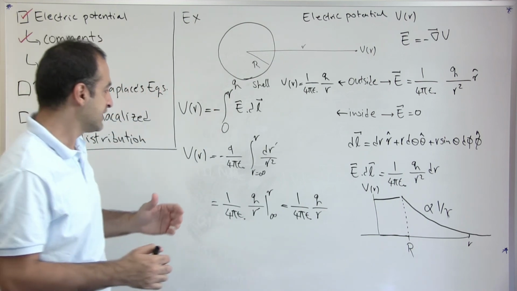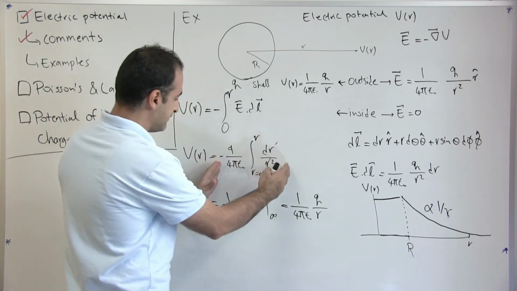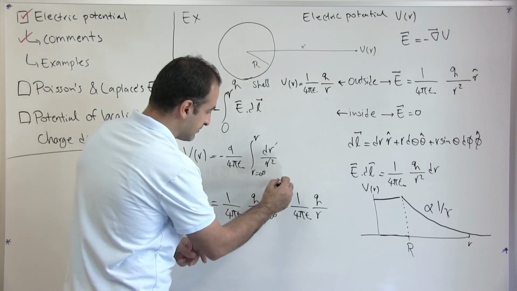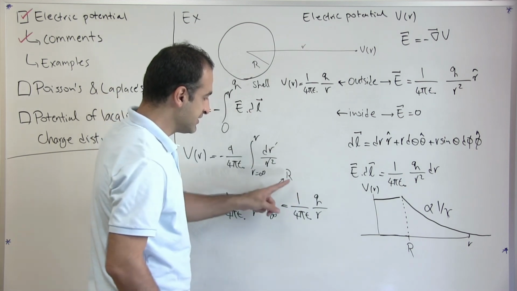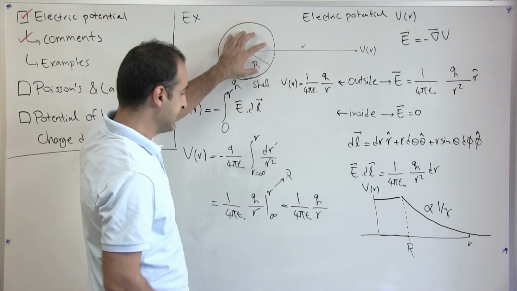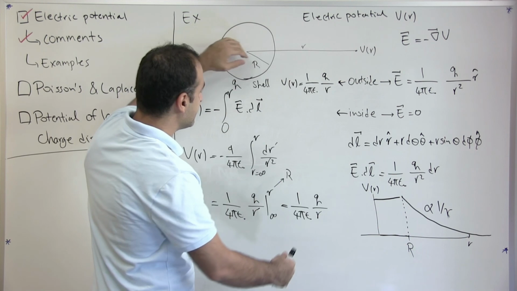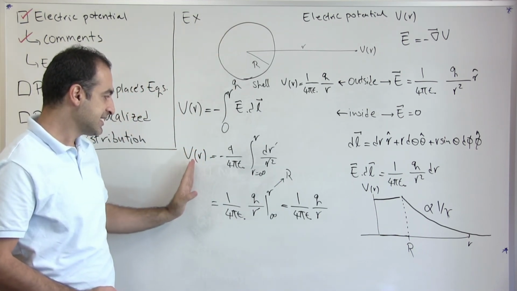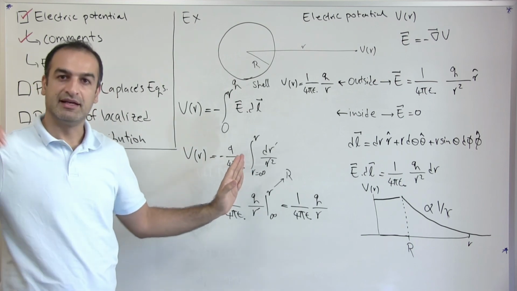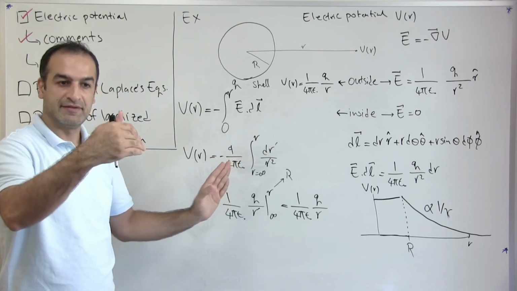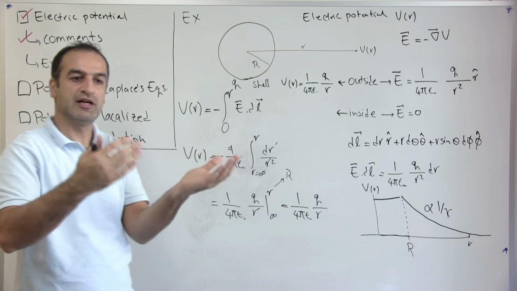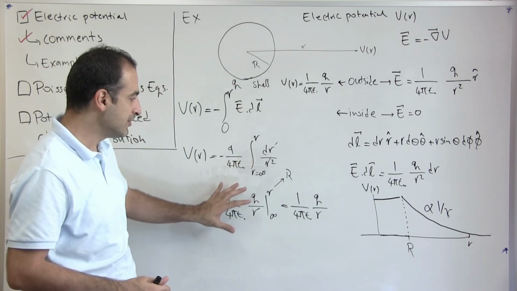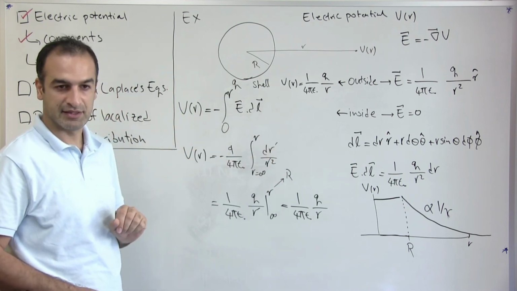What you are doing is technically doing this integral all the way from infinity not to R here, but to capital R, which is the radius of the sphere, and then continuing it inside. So electric potential is calculated based on this integral. It adds up to the surface, and if you continue, there should not be any discontinuity. You will have just one more contribution from a second integral.